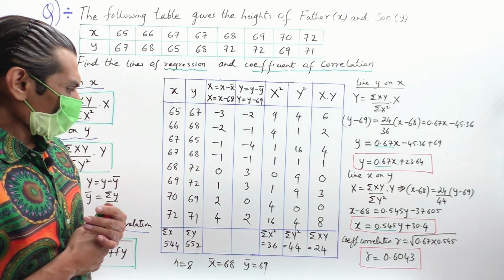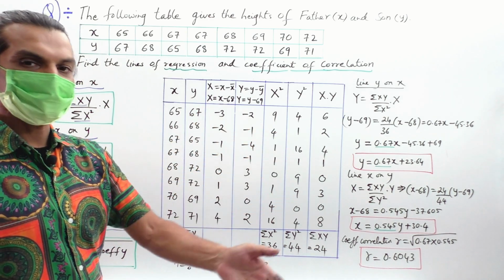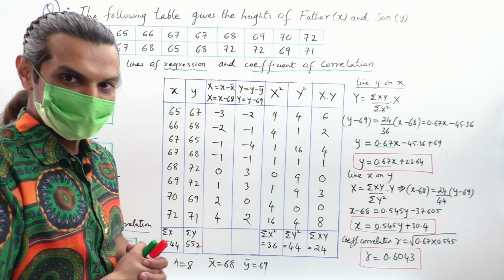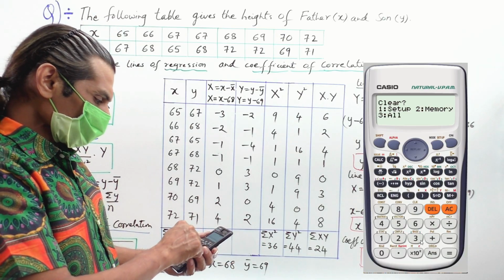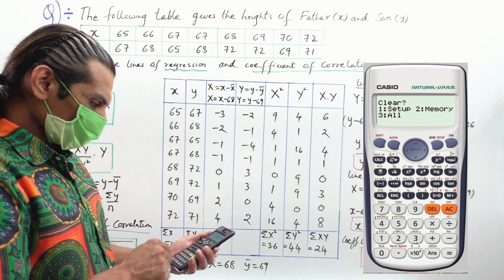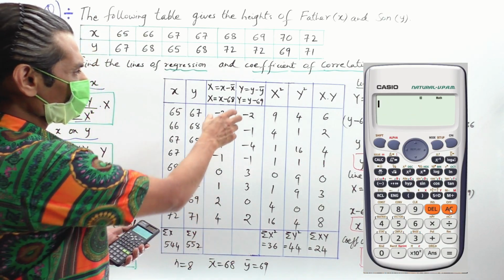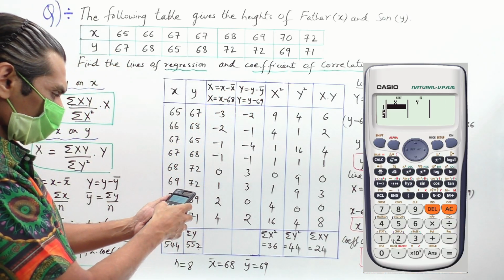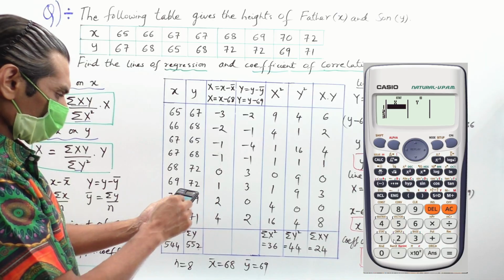Now I'll just brief you about the same thing, the calculation using the FX 991 ES Plus calculator. We reset the memory here, shift clear 3 or AC. Okay, so you input all the new values here, values for this x and this y. So again mode statistics 3 as number 2, x and y.